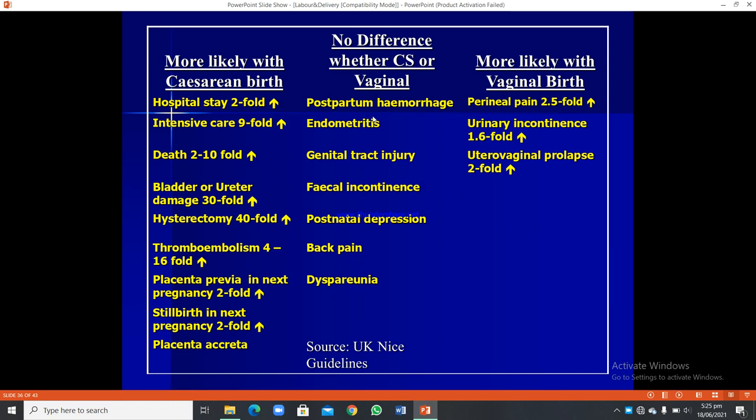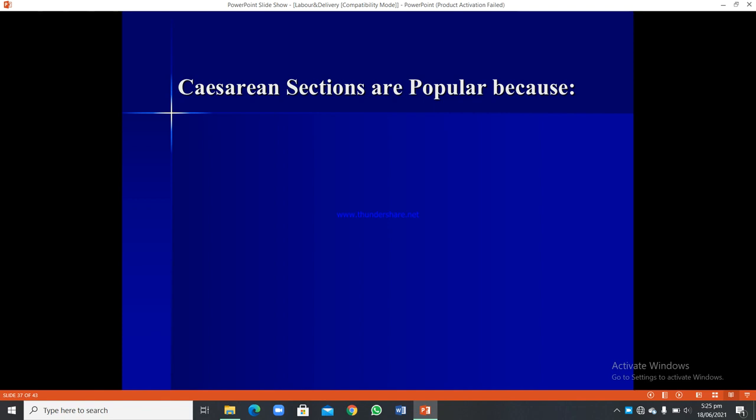No difference whether caesarean section or vaginal: postpartum hemorrhage, endometritis, genital tract injury, fecal incontinence, postnatal depression, backache, and dyspareunia. More likely with vaginal birth: perineal pain, 2.5-fold increase, urinary incontinence, and uterovaginal prolapse, again twofold increase. So this is a comparison of the post-operative or post-delivery complications.